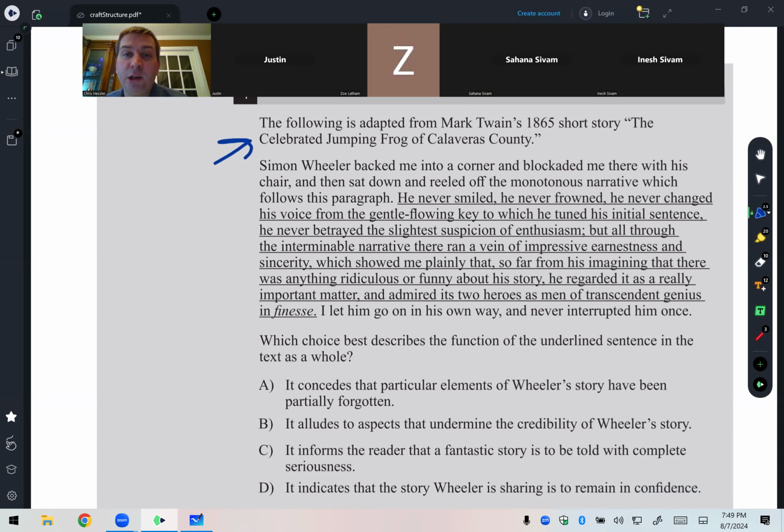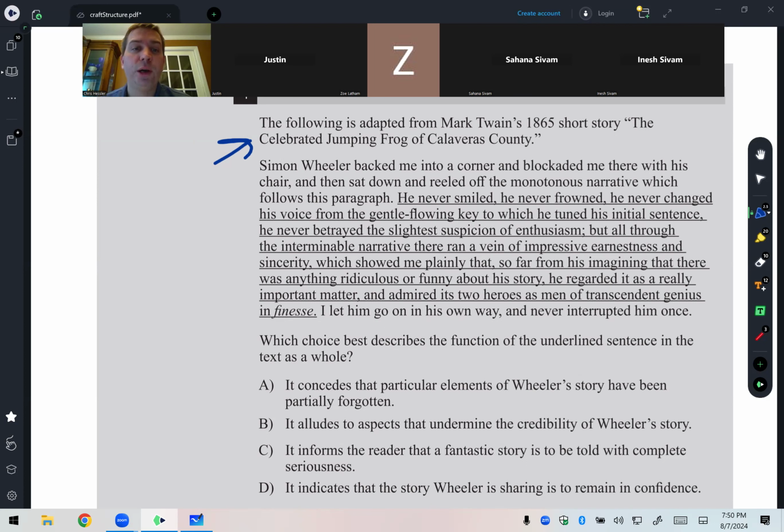Simon Wheeler backed me into a corner and blockaded me there with his chair, and then sat down and reeled off the monotonous narrative which follows this paragraph. He never smiled. He never frowned. He never changed his voice from the gentle flowing key to which he tuned his initial sentence. He never betrayed the slightest suspicion of enthusiasm.